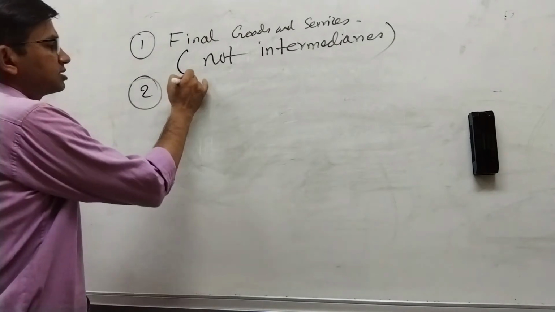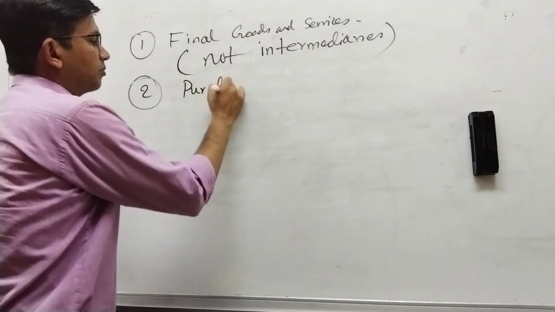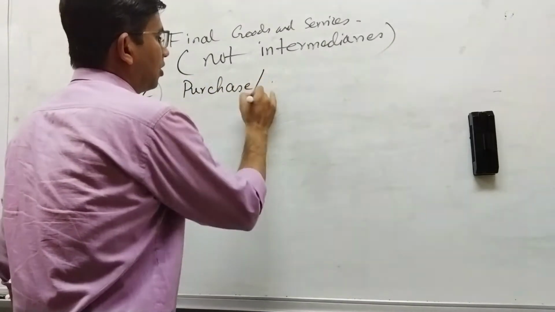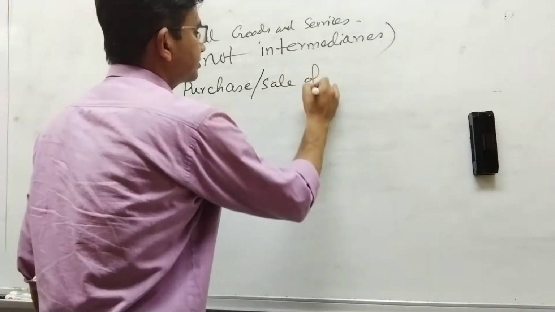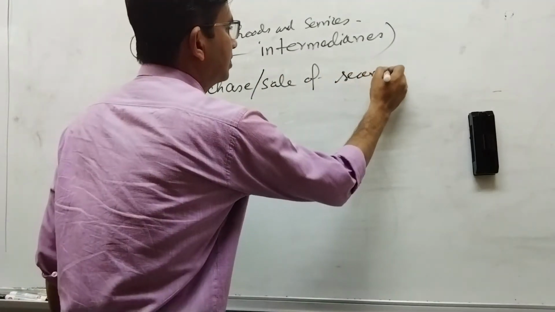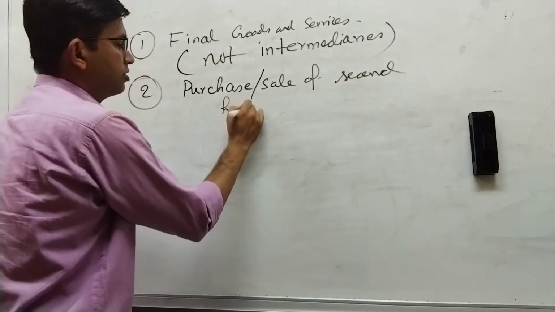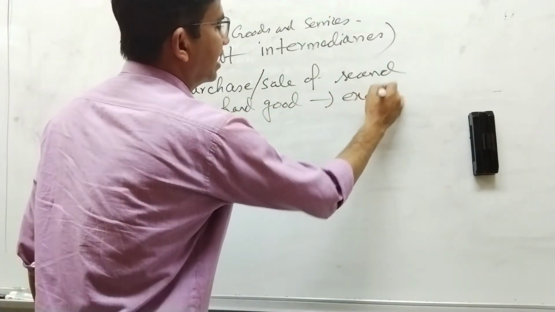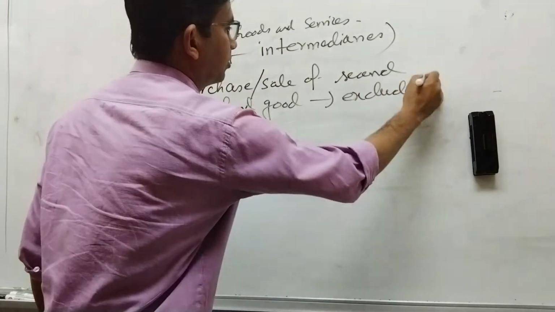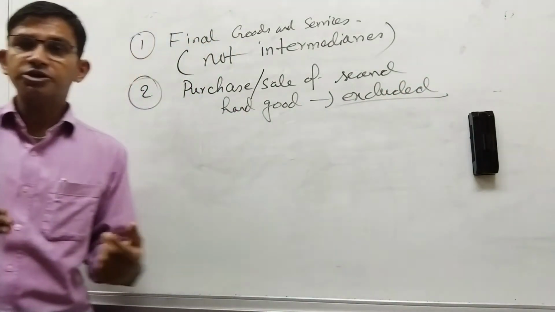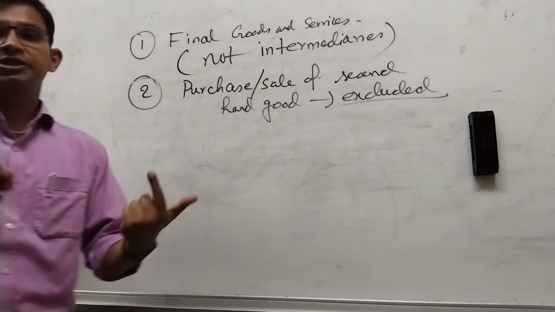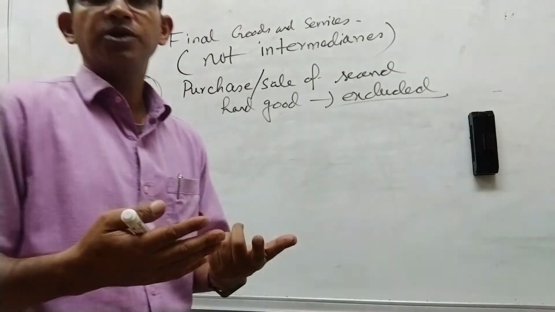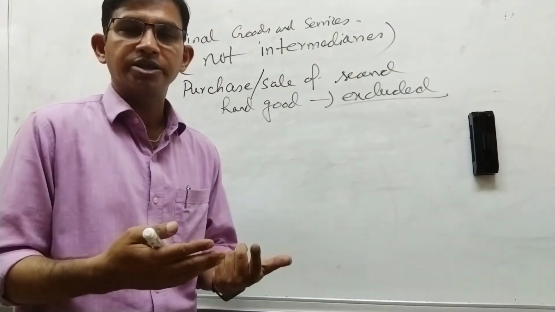So that means the purchase or sale of a second-hand good should be excluded, because that is not synonymous with the production of goods and services. That is just the transfer of ownership from one hand to another.